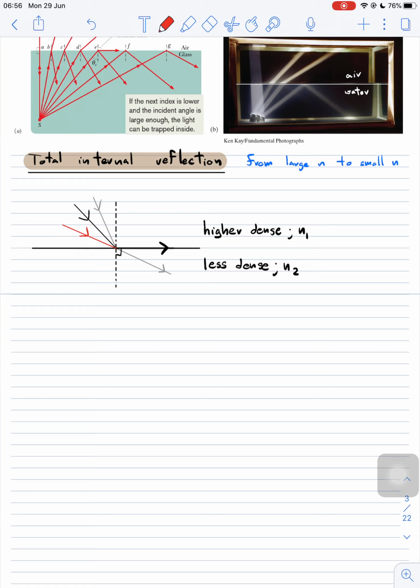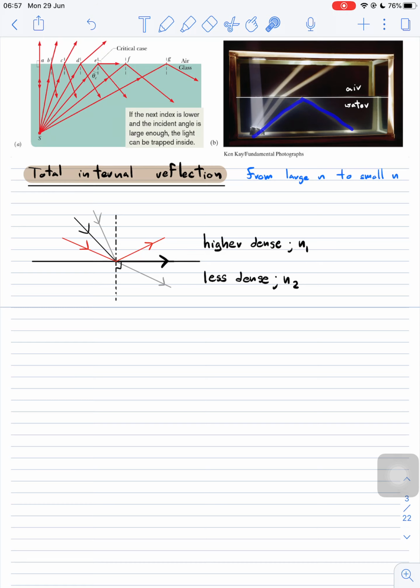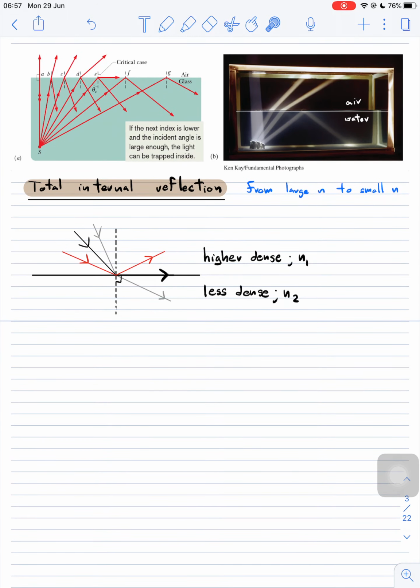Now you can see that we will not have the refracted ray anymore, but all the light will be reflected from this interface. This phenomenon is called total internal reflection. The incident ray is reflected and goes back into this medium again.